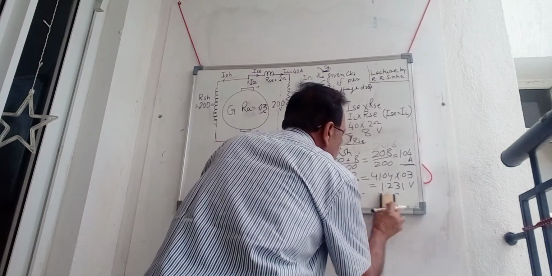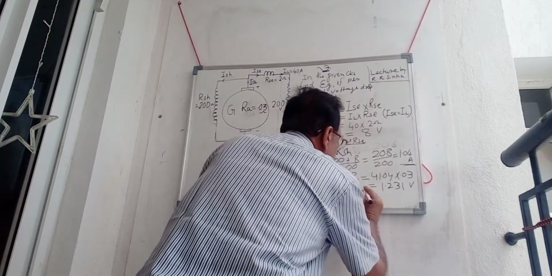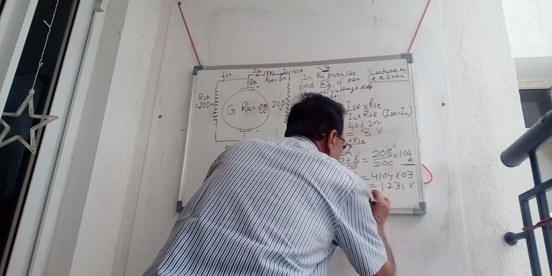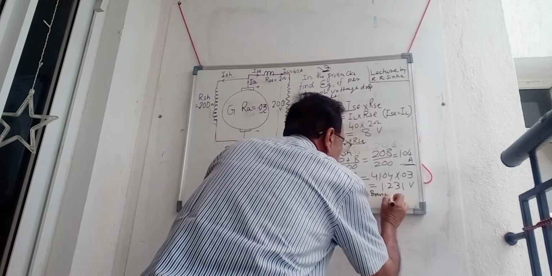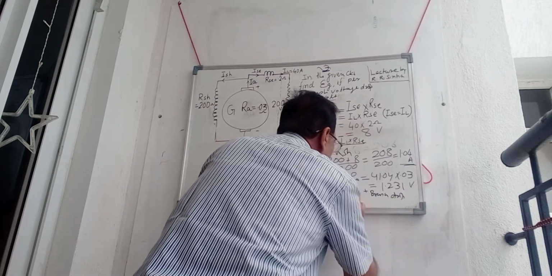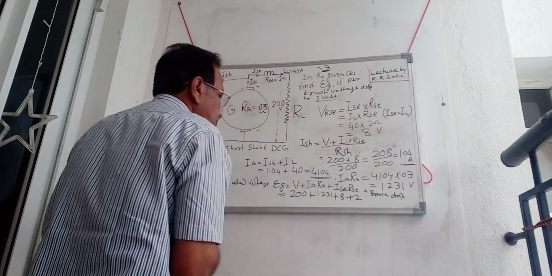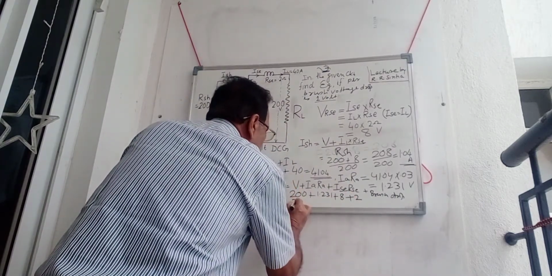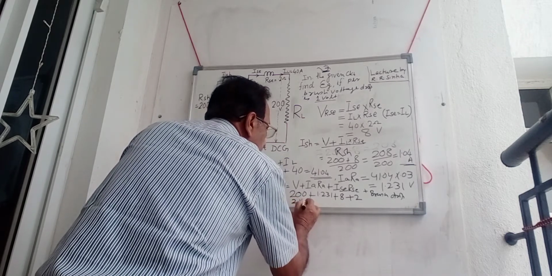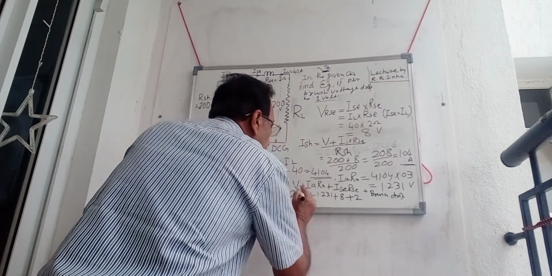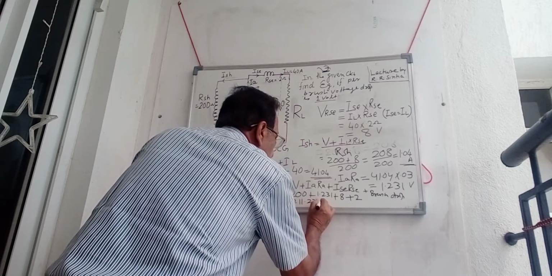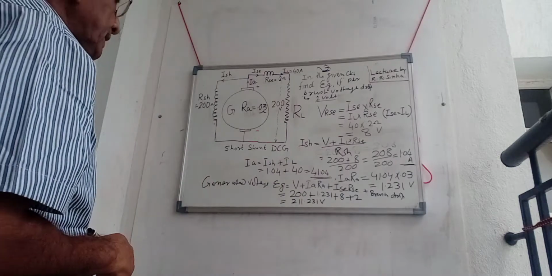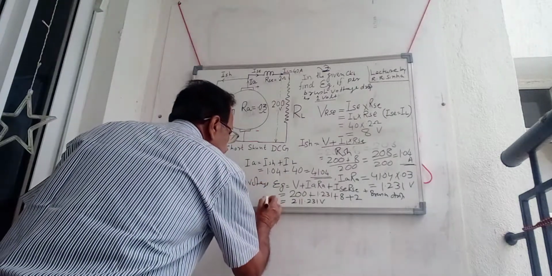So this is equal to 211.231 volt. This is the generated voltage EG.